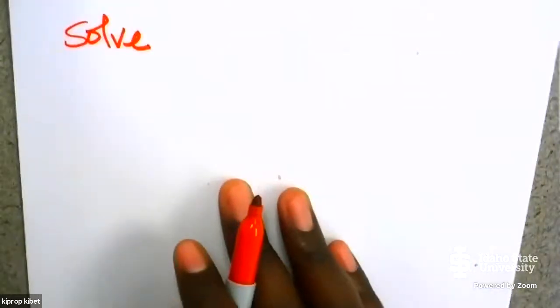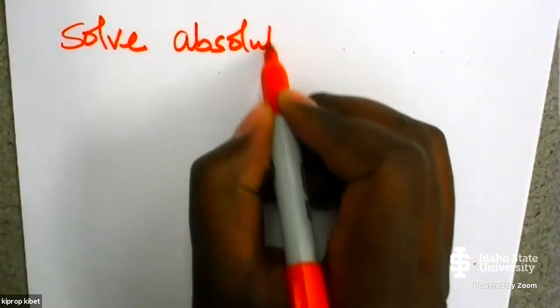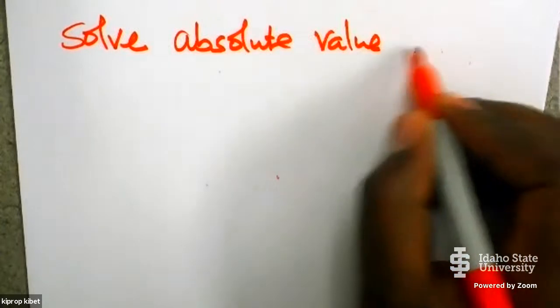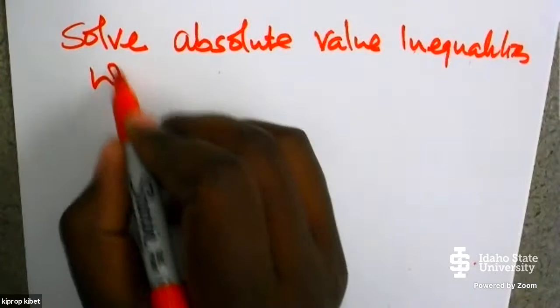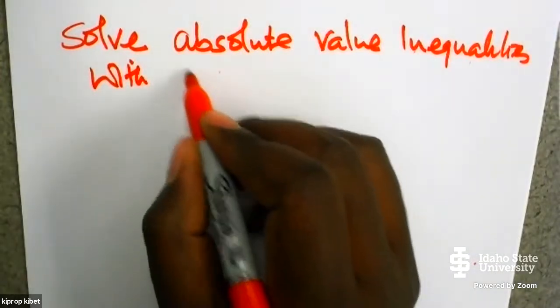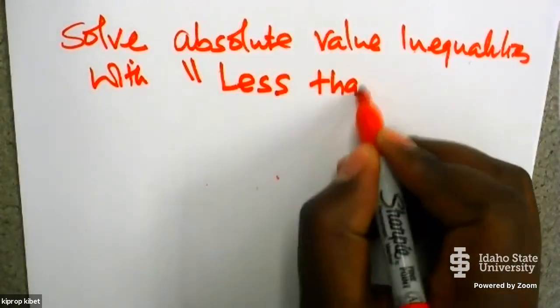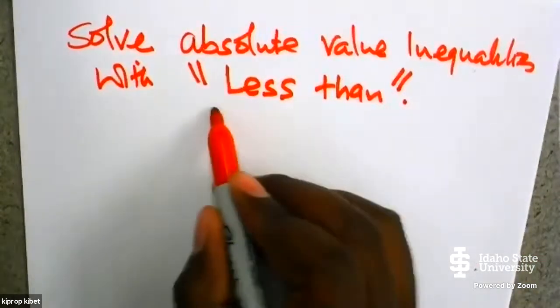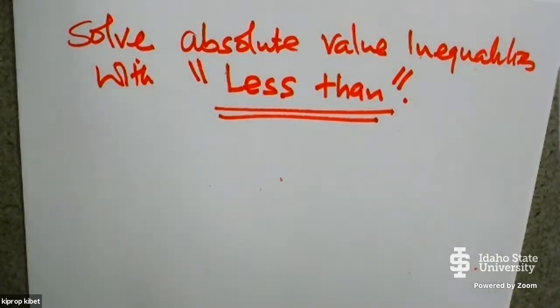Solve absolute value inequalities with, so let's say less. So let's start from less than. How should we solve the absolute value inequalities with less than?